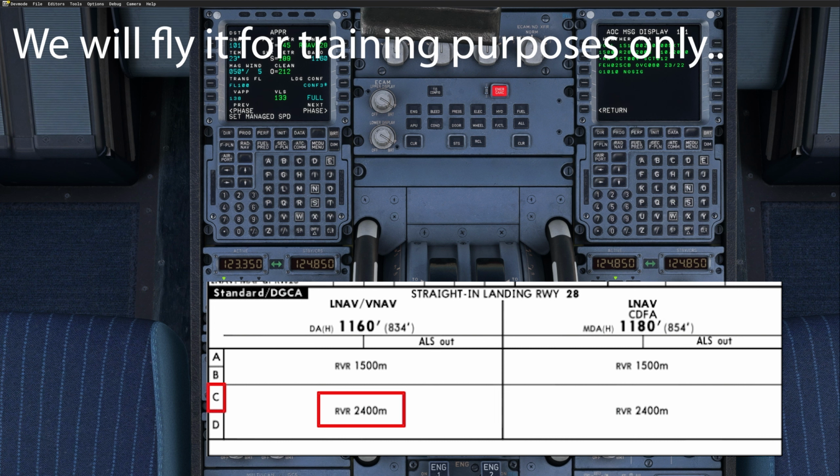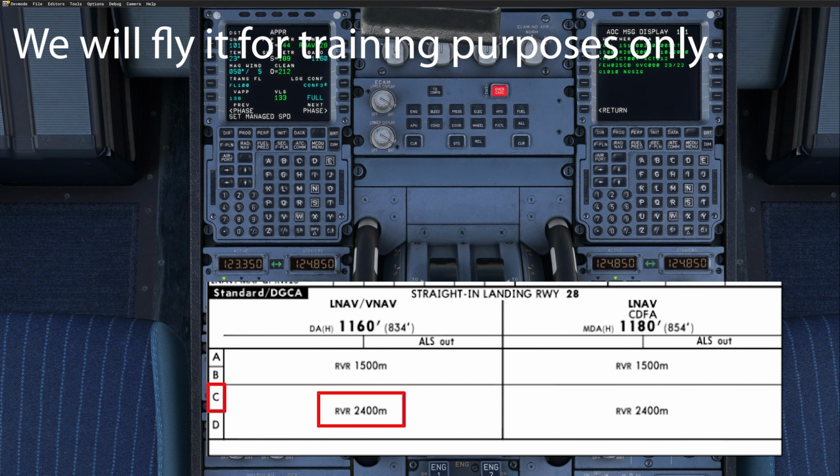Okay, so we don't have the RVR that allow us to fly this approach. So that's not good. We're supposed to revert to the ILS, request the ILS. If not, with that kind of wind, we might have a look at the runway 10 and see if we can land on runway 10, maybe doing an RNAV approach.